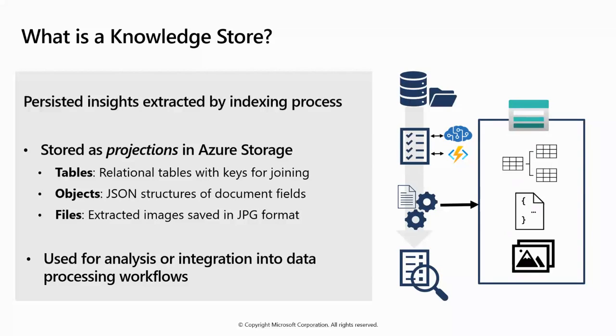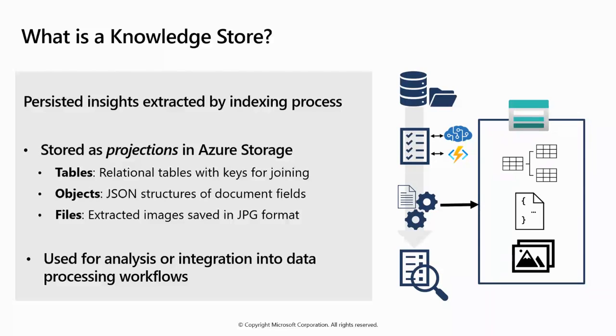And in the indexing process, we probably have taken images from documents that were embedded in them, so you may want to save these images as files. Now, Azure Cognitive Search helps in these situations by letting you define a knowledge store in the skill set that hosts your enrichment pipeline.